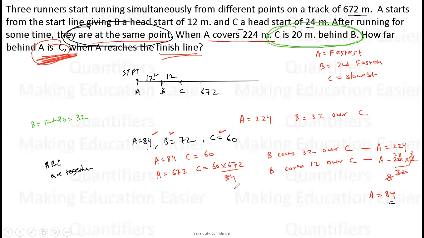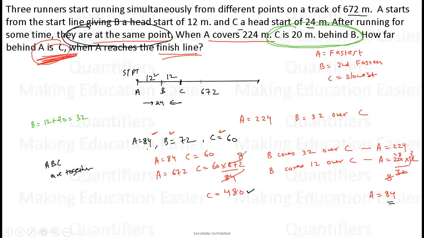I hope it is clear to everyone till here. So students, if you solve this, this comes out to be C has covered 480. Now students, be very, very careful. This is not the answer. When A reaches the finishing line, C has covered 480, but C was already 24 meters ahead.